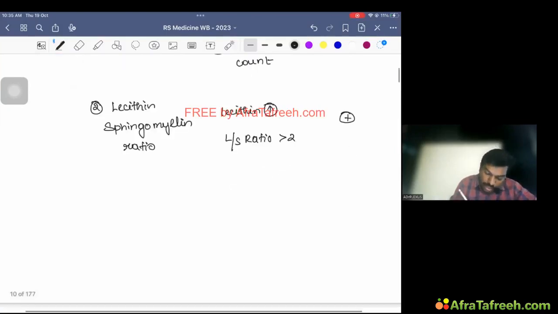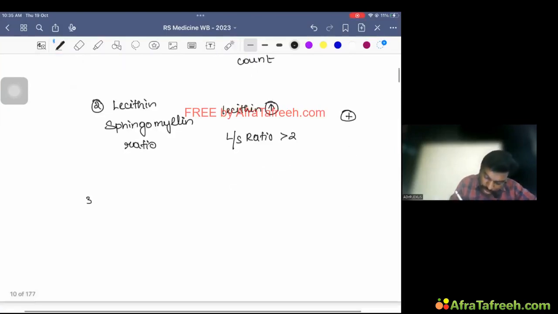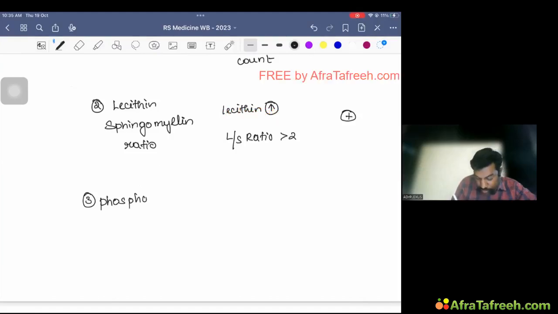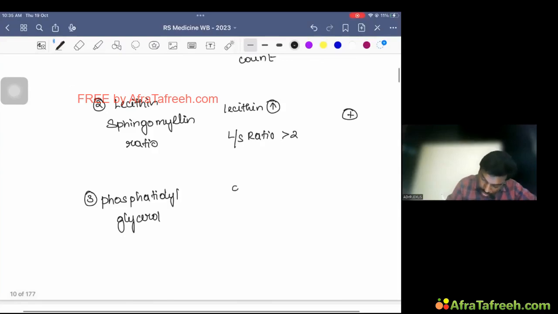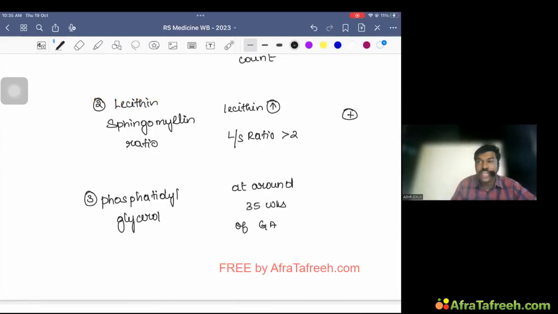The third thing you can do is measure the activity of phosphatidyl glycerol or choline. This is usually done at around 35 weeks of gestational age.